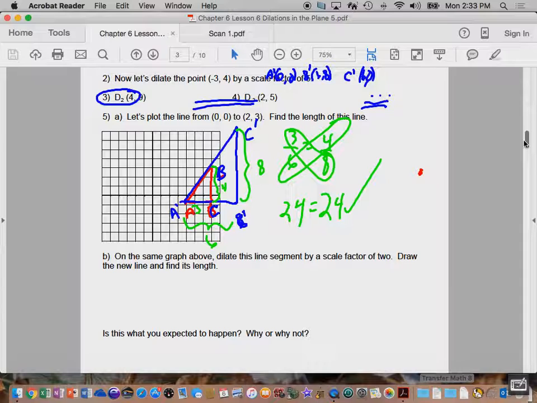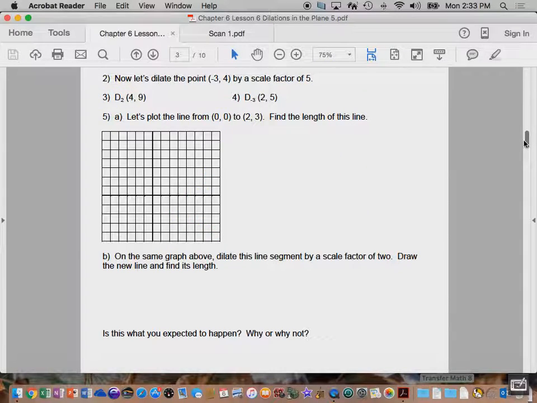If I'm going to dilate the point -3, 4 by a scale factor of 5, what operation is dilate? We just did it a minute ago. Sebastian? Yeah, and what operation do I use to do that? Add, subtract, multiply, divide.